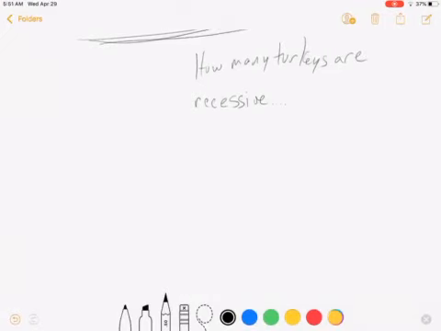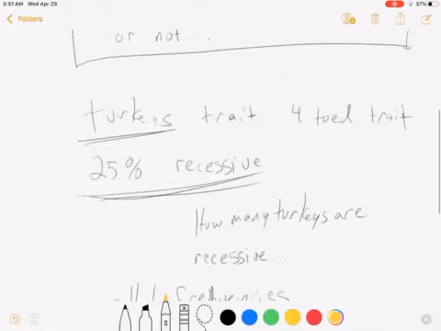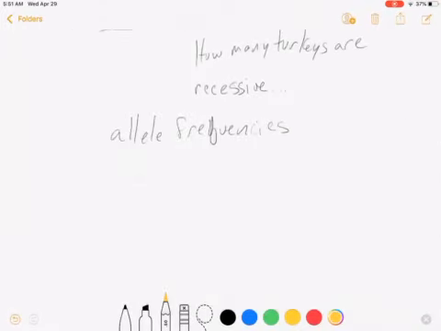So how do we figure out allele frequencies? We need to separate the actual trait from the alleles. For instance, we're talking about 4 toes, right?